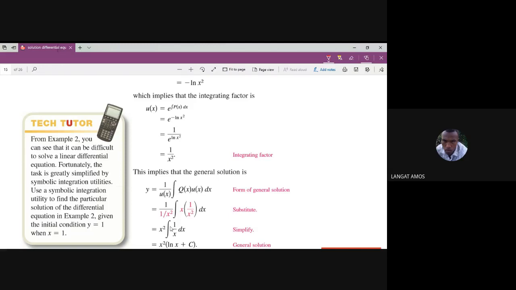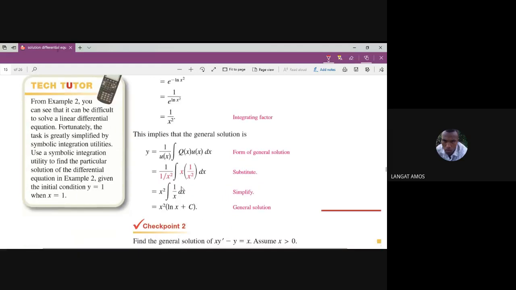So you integrate this one, and u is 1 over 1 all over x square, because this one is a u substitute. So 1 all over 1 over x square will be x square. So this one times this one is the same as 1 all over x, then the x. Is it true? Yeah, it is true.